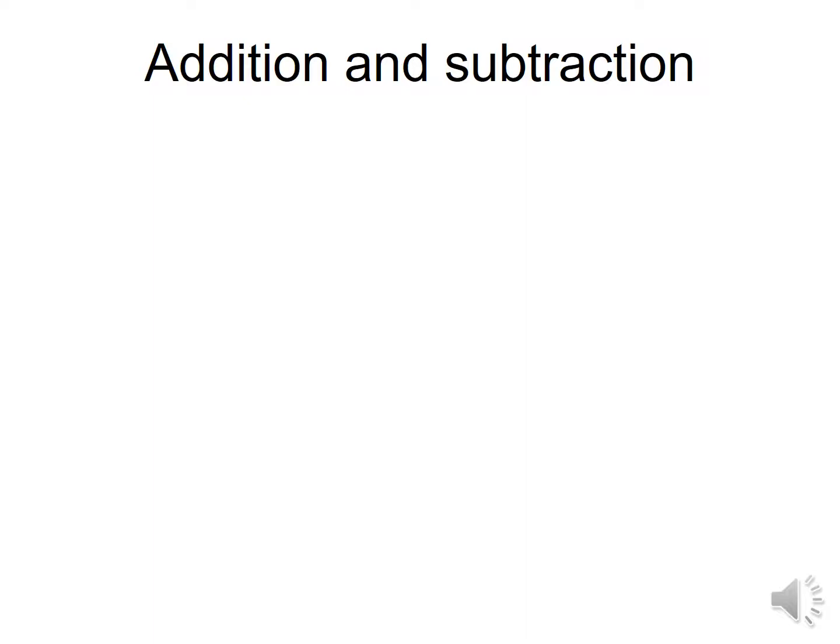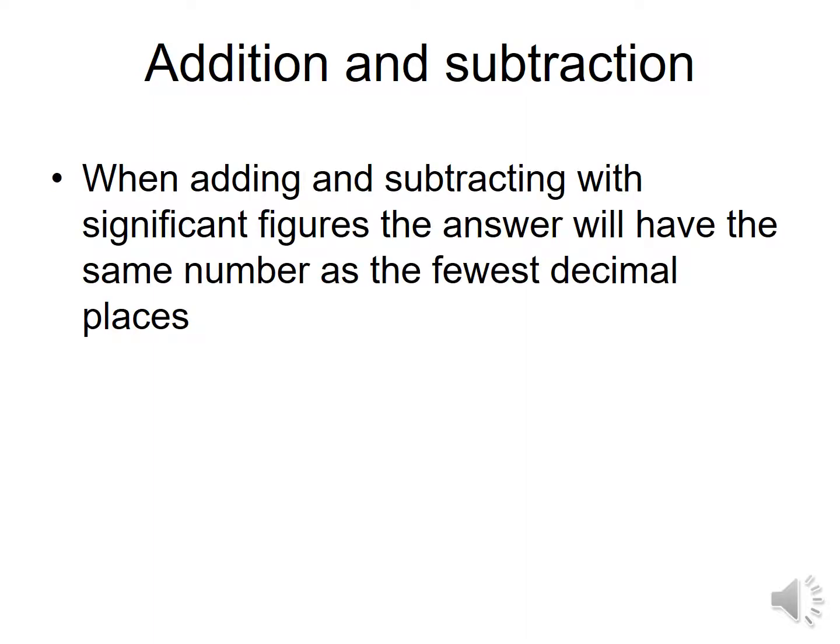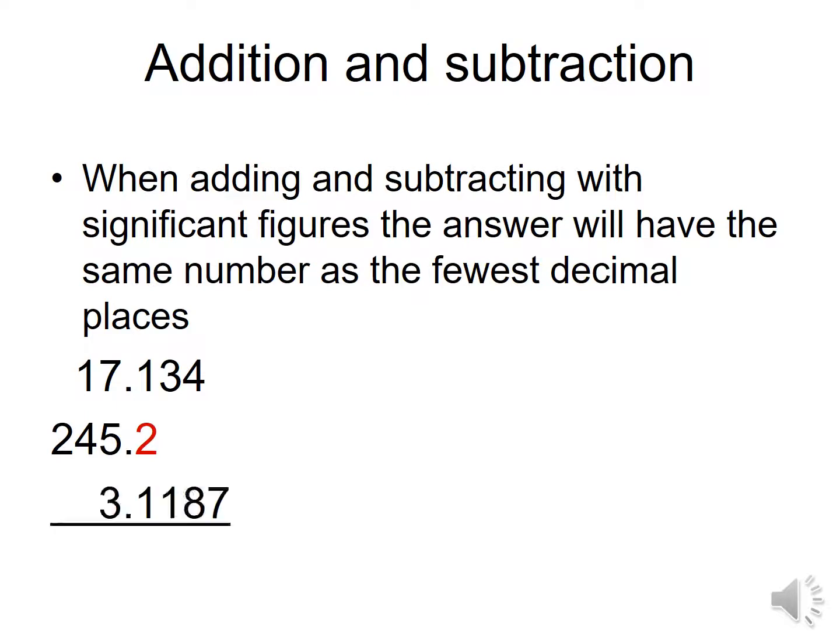The rules are different for addition and subtraction. When adding and subtracting with significant figures, the answer is going to have the same number as the fewest decimal places. 17.134 has 3 decimal places. 245.2 has only 1 decimal place. 3.1187 has 4 decimal places.